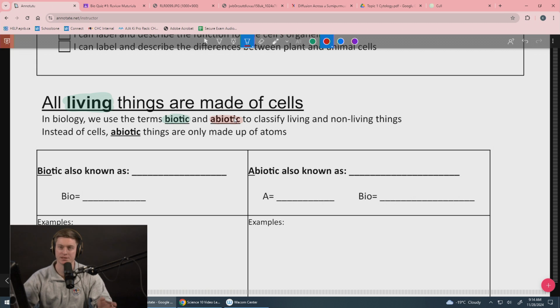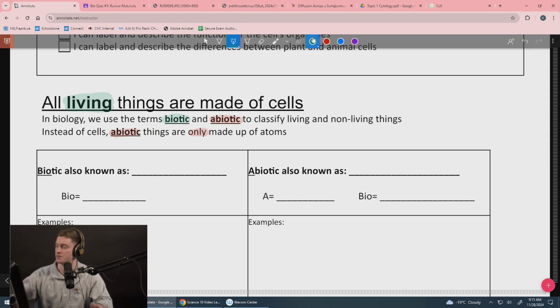Instead of being made up of cells, abiotic things are only made up of atoms. I'm going to highlight the word only there because I don't want you to get confused and think that living things aren't made of atoms. It's just that their cells are made of atoms. Abiotic things don't have cells.